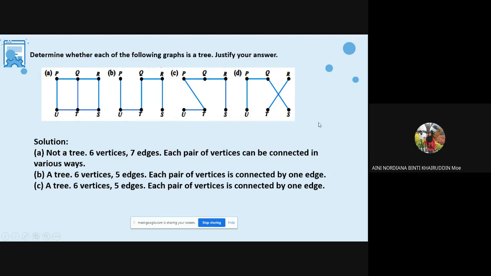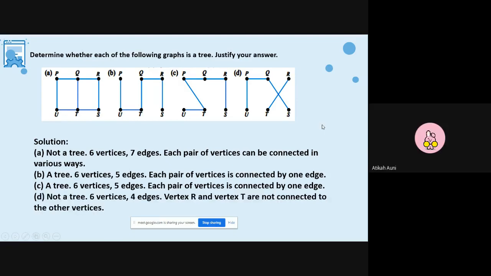D. A tree. No, not a tree. Sebab apa? Sebab dia ada 6 vertices but only 4 edges. 1, 2, 3, 4. So dia dah tak follow properties yang ketiga tadi. Okay. So macam mana nak jawab soalan ni? First, you kira dulu ada berapa vertex. Then kira dia punya edges.